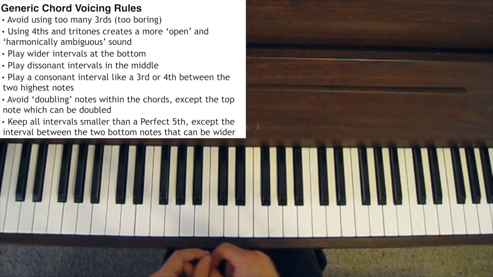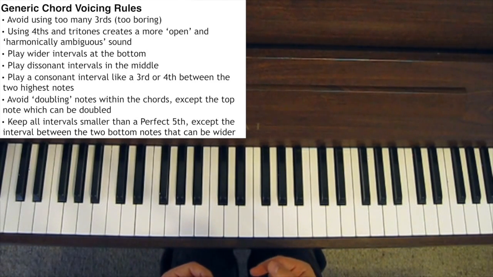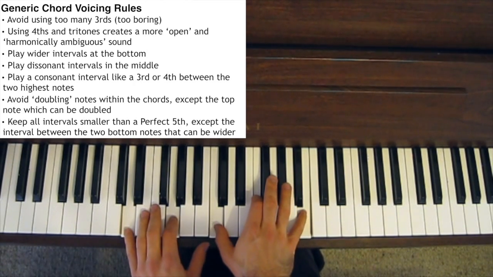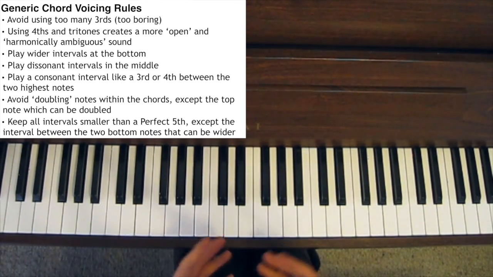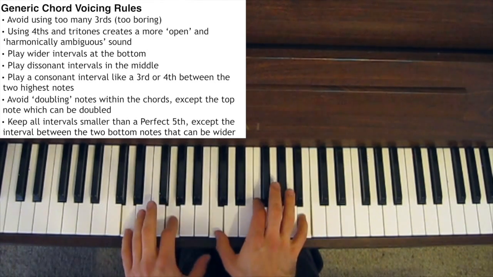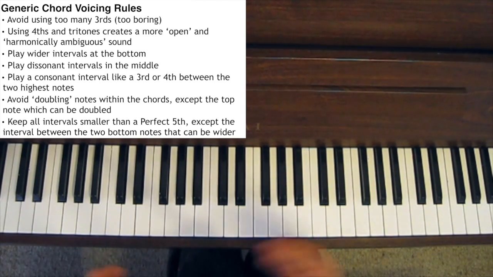While using intervals of fourths and tritones creates a much more open and harmonically ambiguous sound. And so generally in jazz, you'll find that most chords are voiced using fourths rather than just your standard thirds.